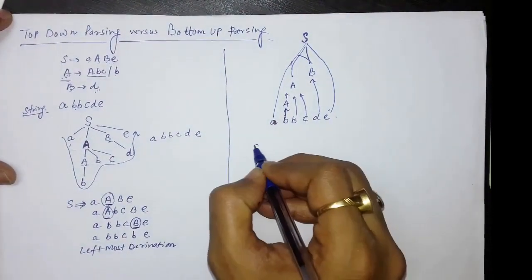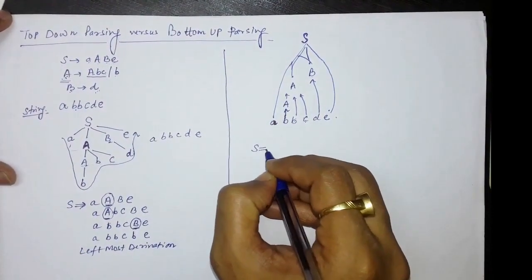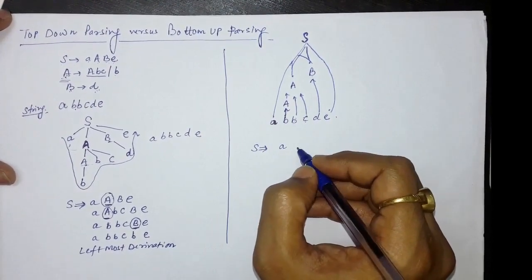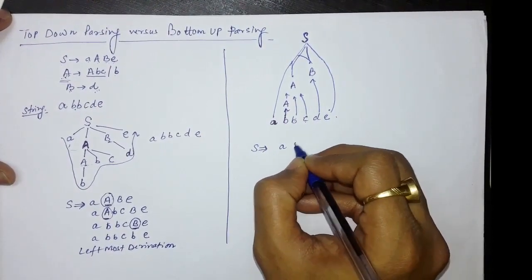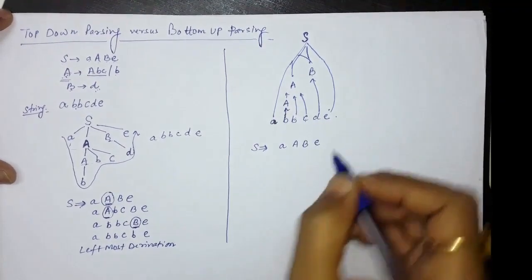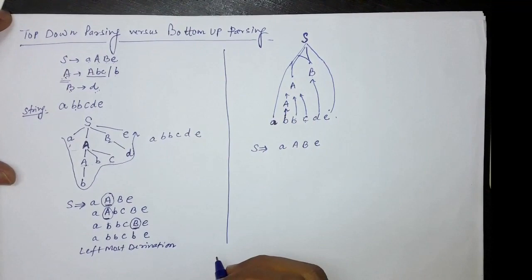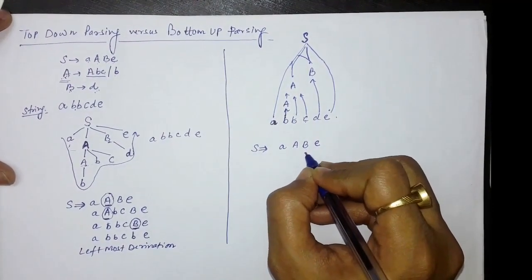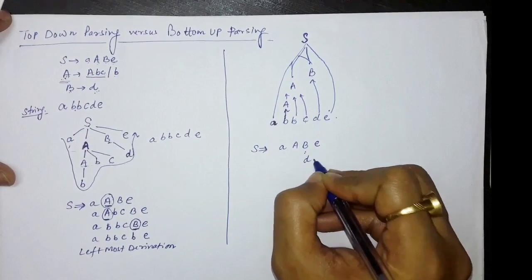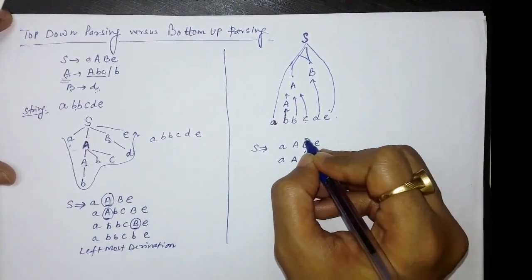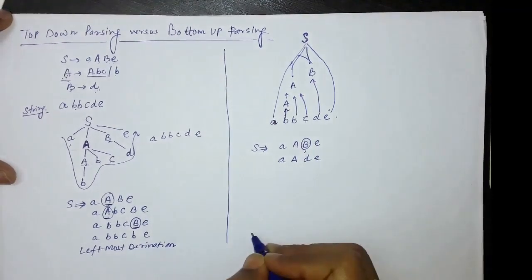So now if we just see with the help of the derivation what we have actually done, we had to derive it. Let's say we have S produces small a, capital B and small e. So first what we have done is reduced B produces d. Okay, so this was the first symbol that we have resolved.